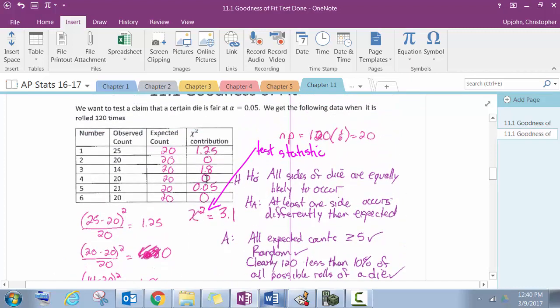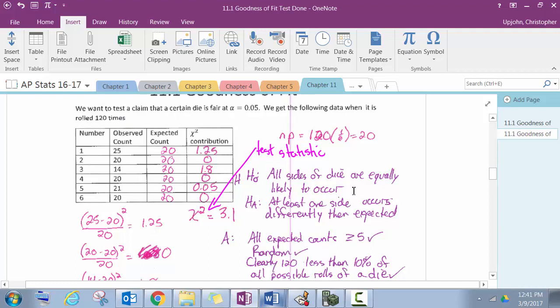So these are our chi-squared contributions. If we were to reject, the number 3 would have been the one that caused us to reject our hypothesis. But let's see. So we add those up, we get 3.1. That's our chi-squared value.